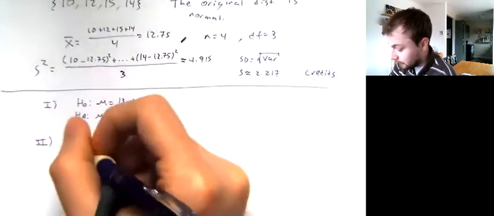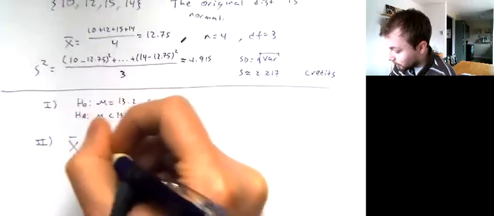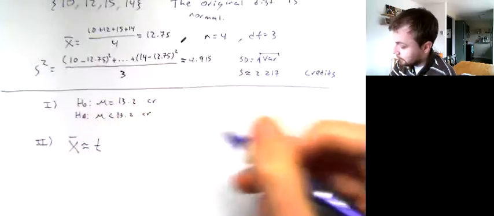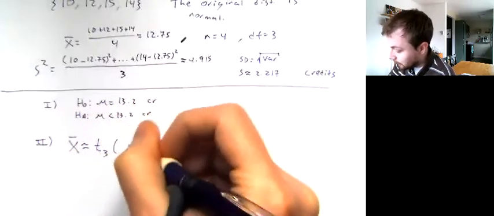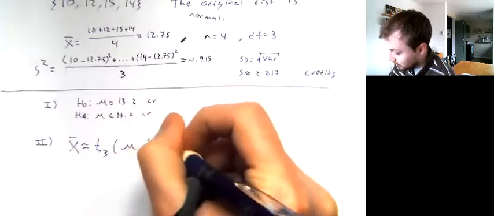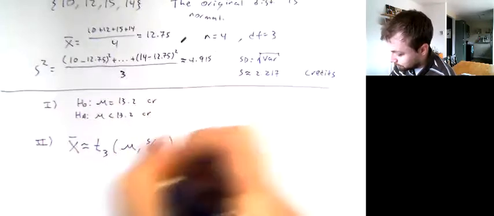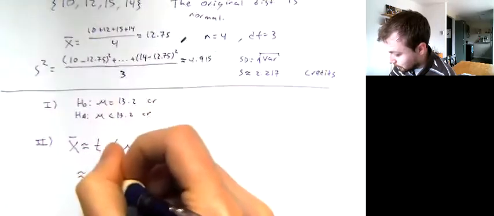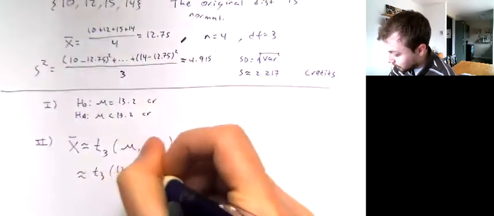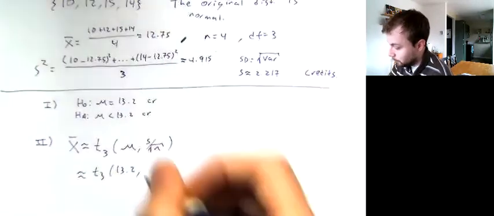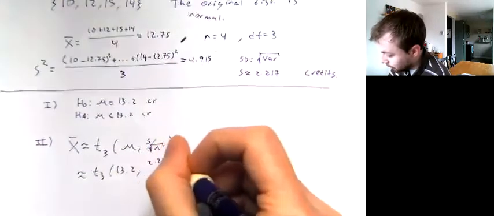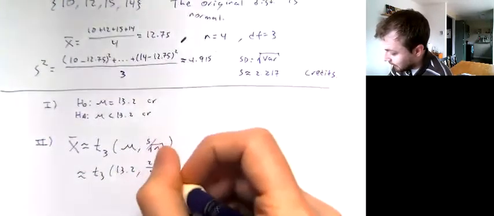We have S, so when I'm coming up with this model, I'm going to be using t-scores. My df is 3, mu, s over the square root of n. My mu is 13.2. My s is 2.217. My n is 4.